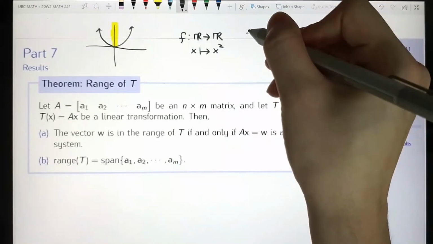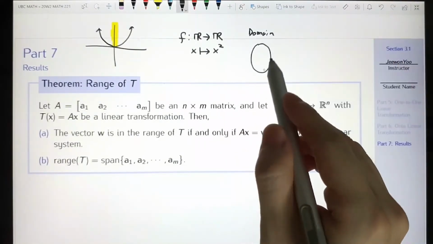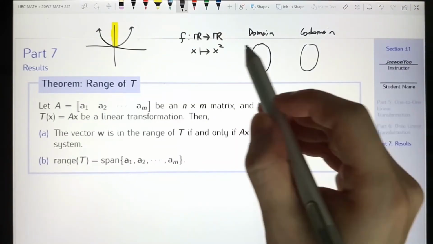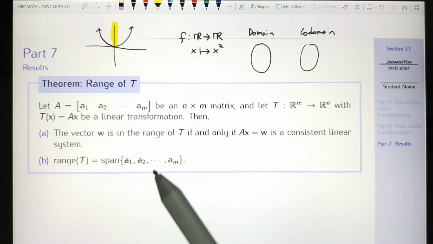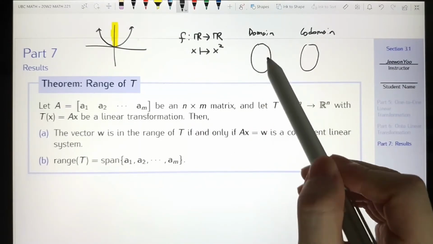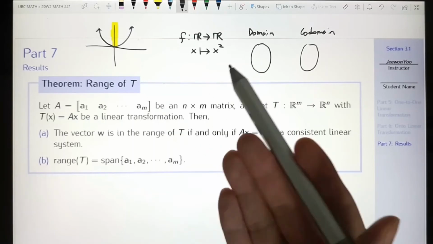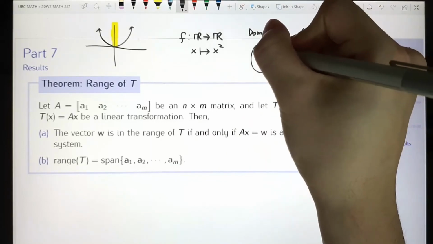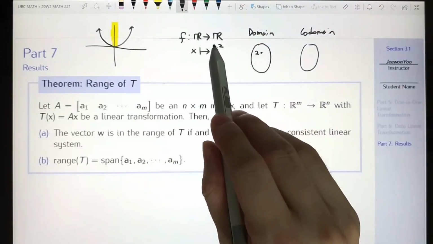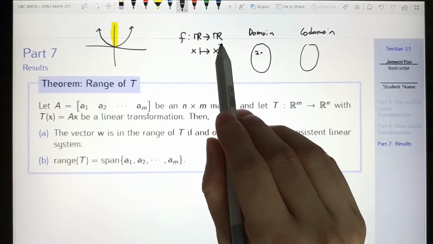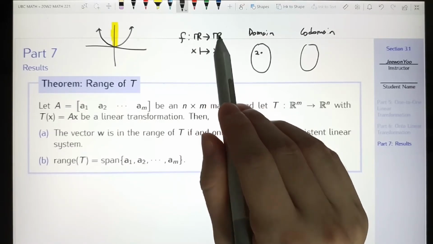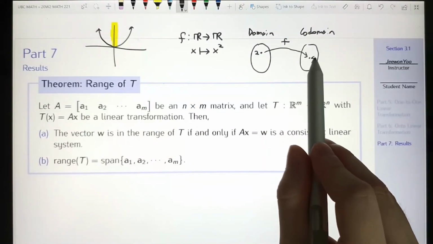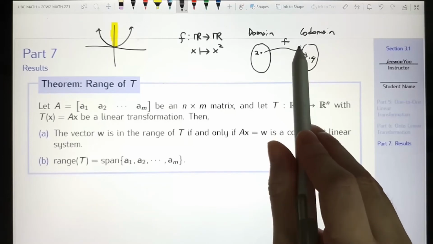So look, let's say this set represents the domain. This set represents the codomain of the function f. Inside of this domain, which is R, there are so many numbers, do you understand? But let's just pick one element, say 2, and send this number to the function f so that we get 2 squared, which becomes 4 in the codomain. You believe that 4 is in the range inside the codomain, do you understand?